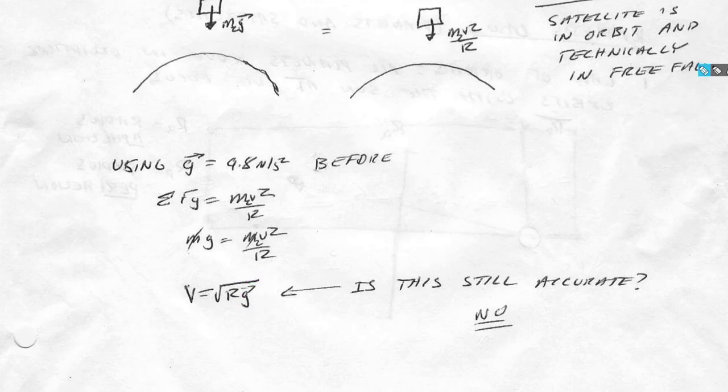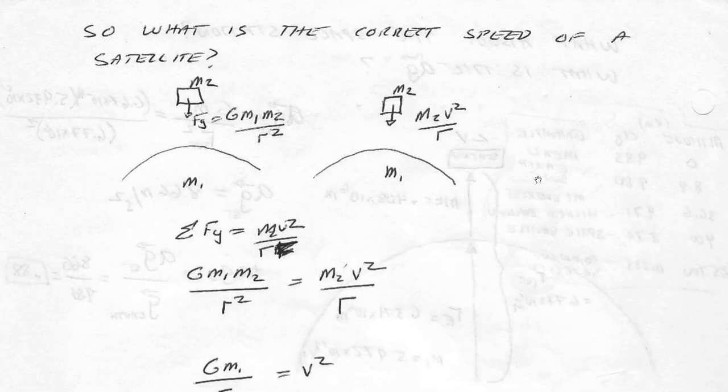So now we have to make that statement more accurate. So how do we make that more accurate? Well, we go back to our gravitational equation here. And now we're still going to set up the same free body diagram, but we're going to say force of gravity is G m1 m2 over r squared, and that equals m2 v squared over r.